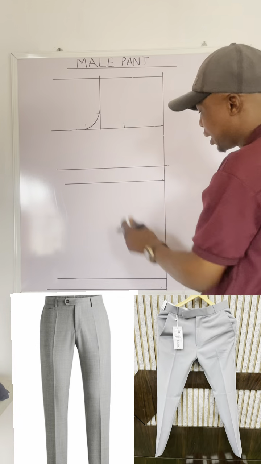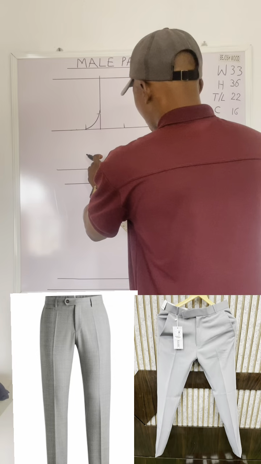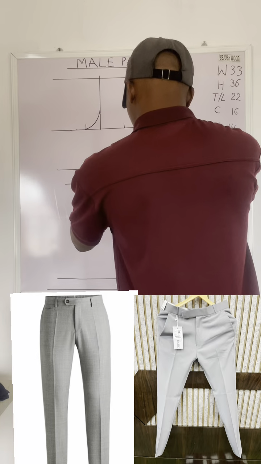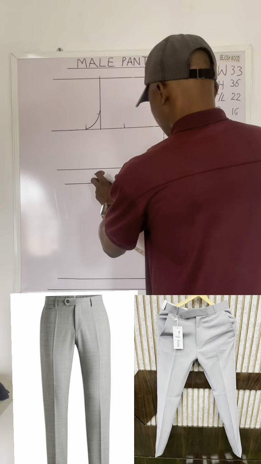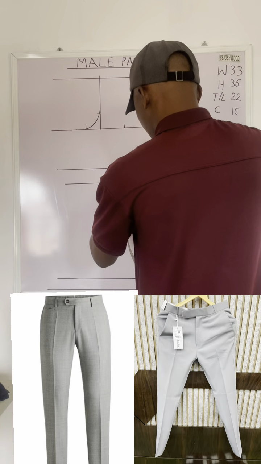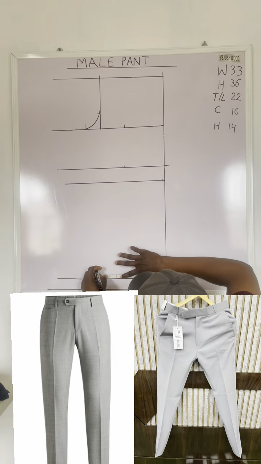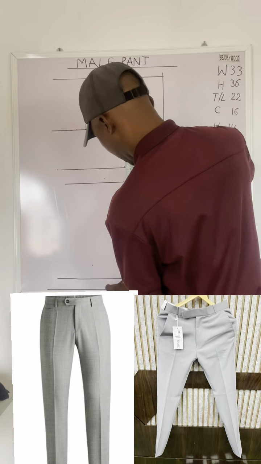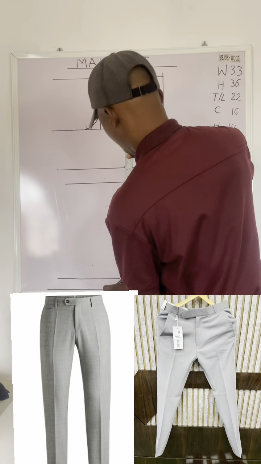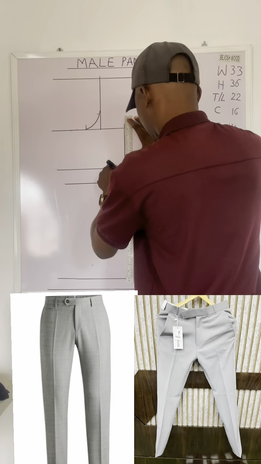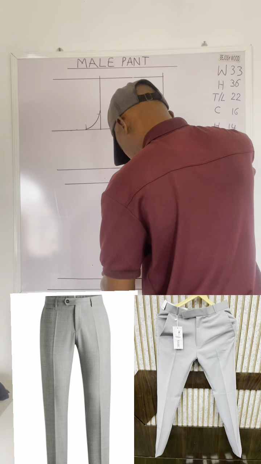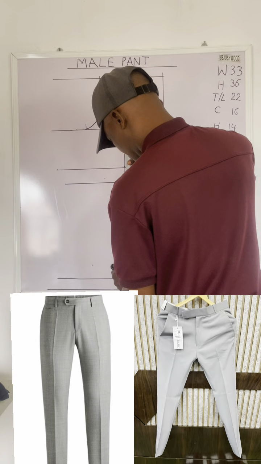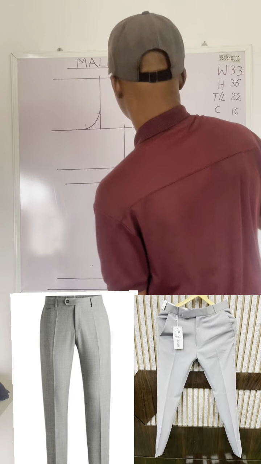To get the center on all these lines, you mark your 5 3/4 here, 5 3/4 on the full length, and you take your ruler and connect all the points. Good. So we have gotten our center line now.